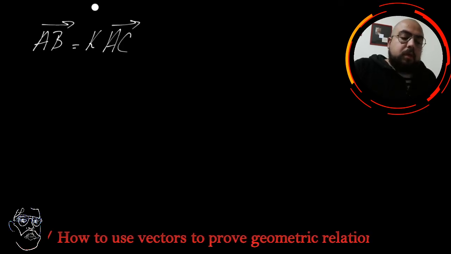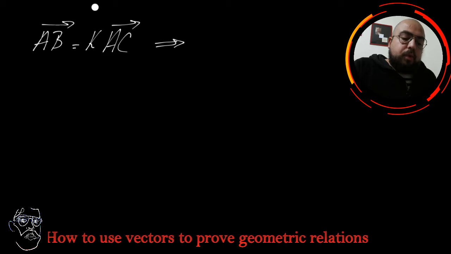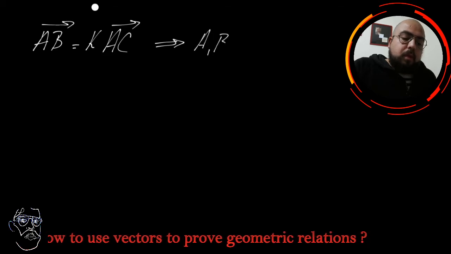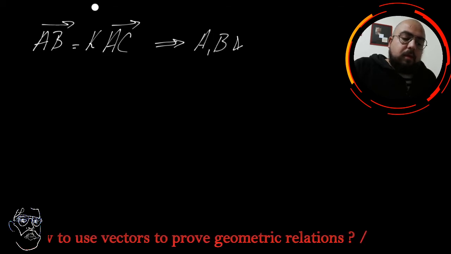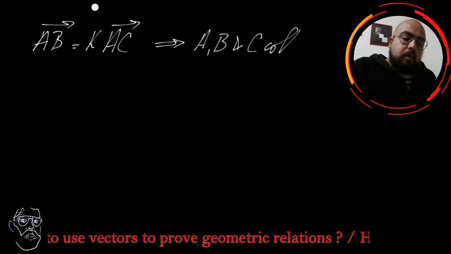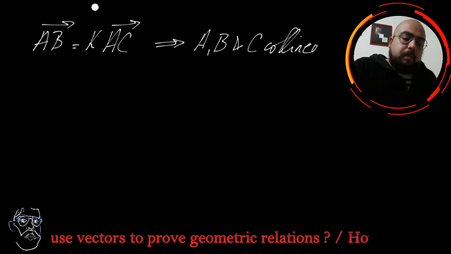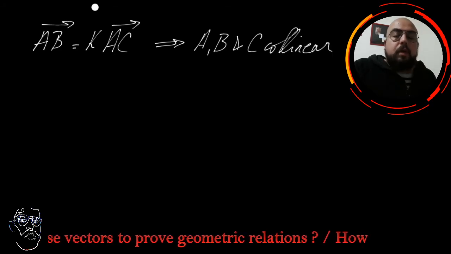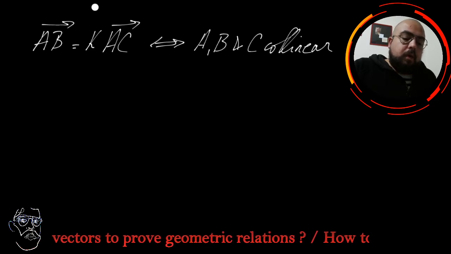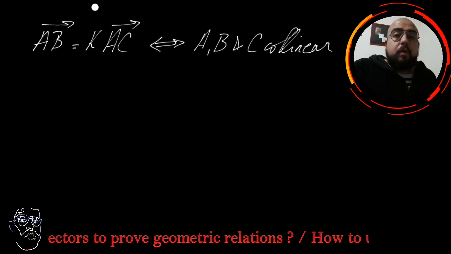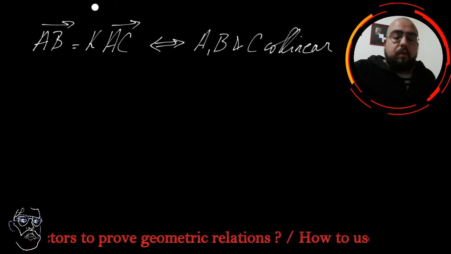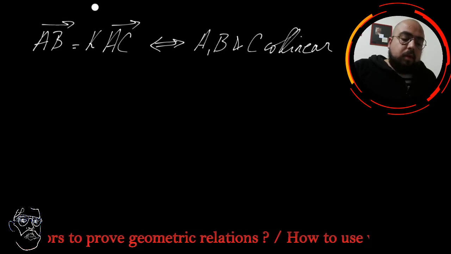Now in this case, you can say that the 3 points A, B, and C are collinear. Or if you had A, B, C collinear, you can conversely say that AB could be written as K times AC, whatever relation that you would like to have.